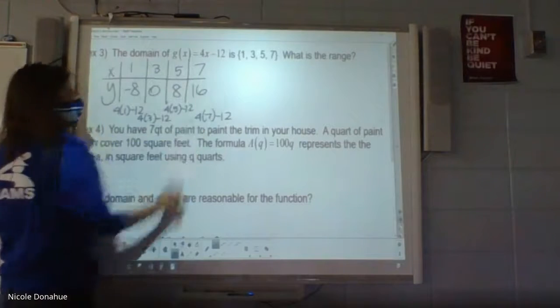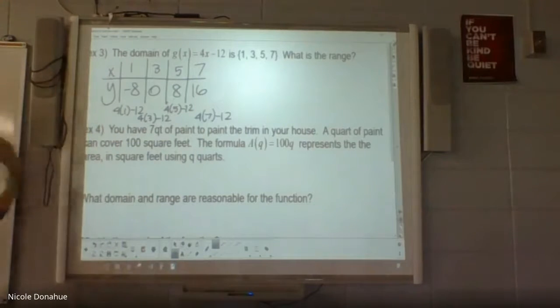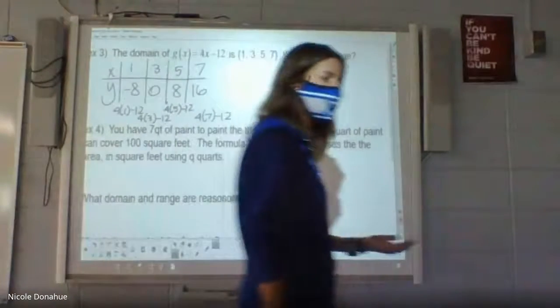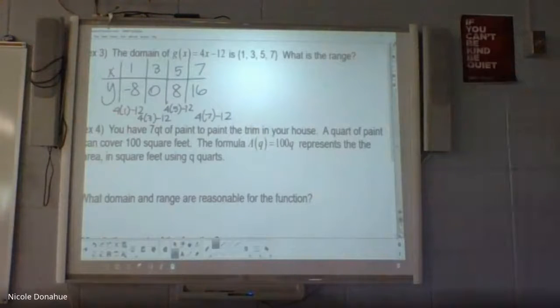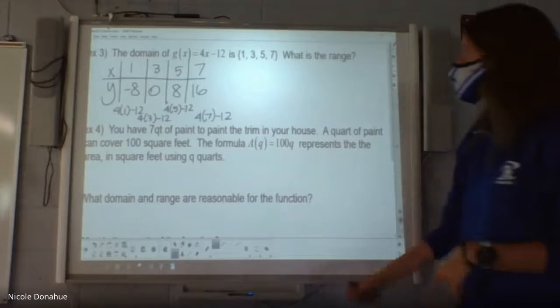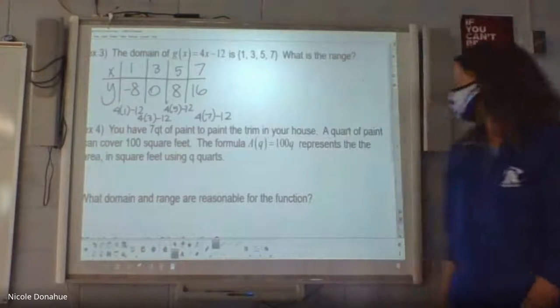It'll be 16. And you might even notice a pattern there. A lot of times in these linear equations, or similar to our quadratics, there are patterns. So that's okay to notice those and realize that happens.